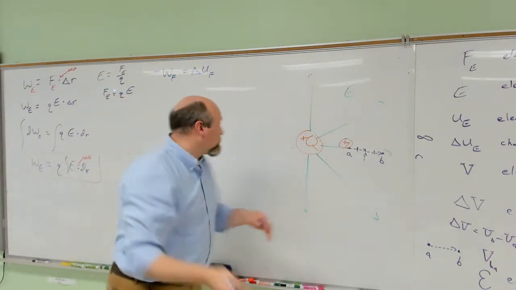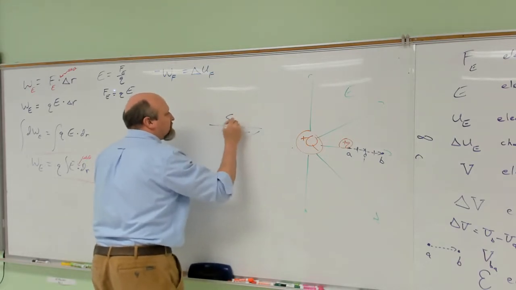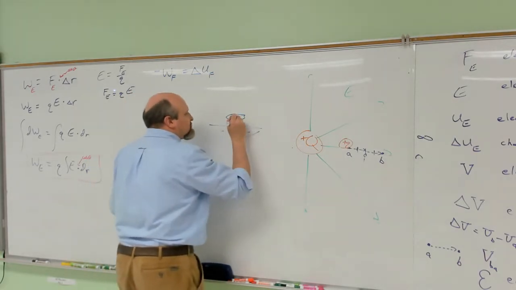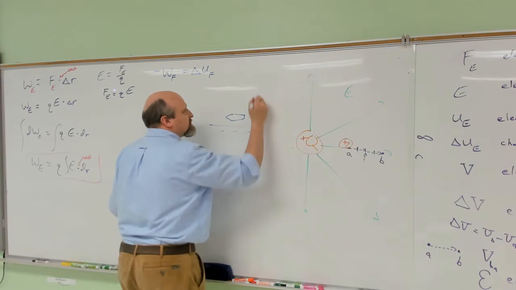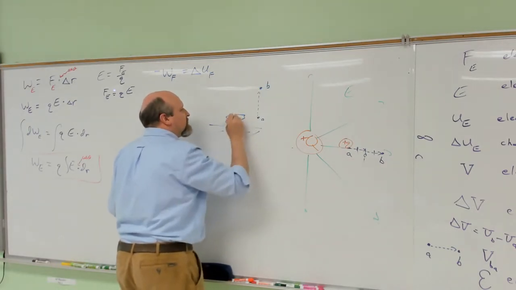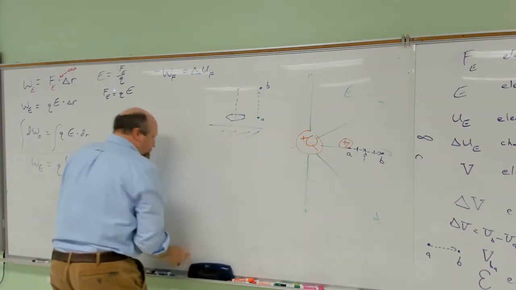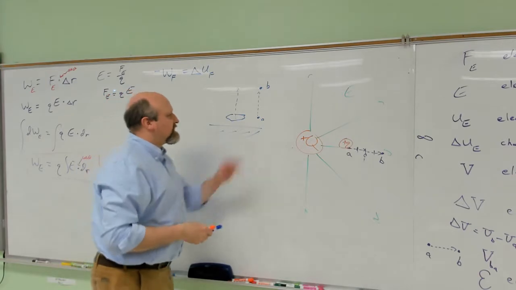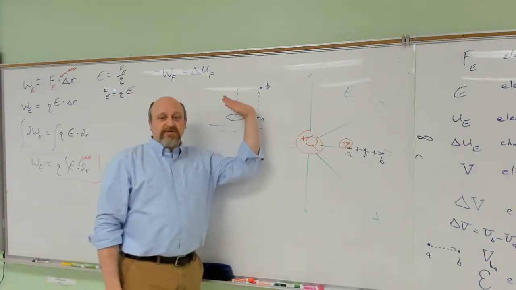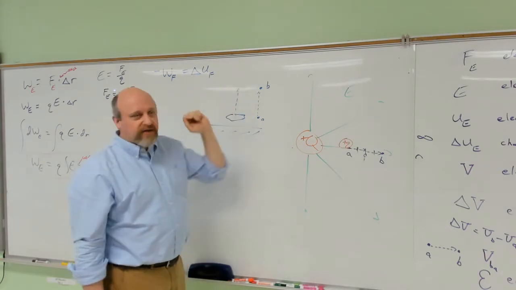For example, with gravity, if there's the ground, and I have a rock, and I want to lift the rock up from position A to position B, right? So we're lifting it up. While I'm doing that, if I'm going to lift it at a nice constant speed, so I'm not changing its kinetic energy, all the work I'm doing is changing its potential energy.